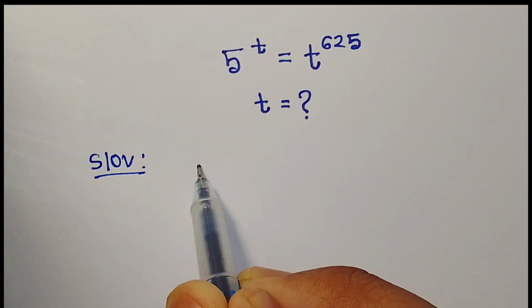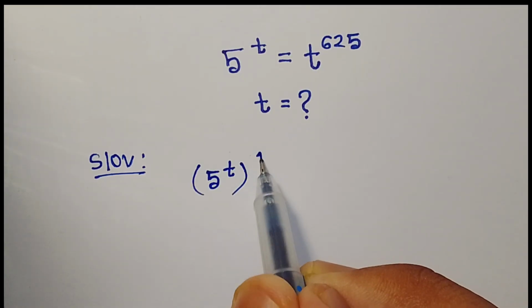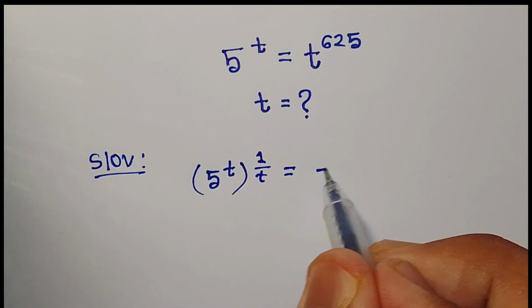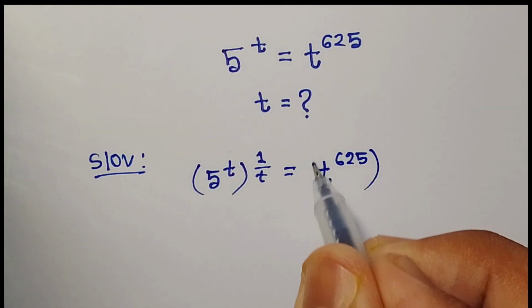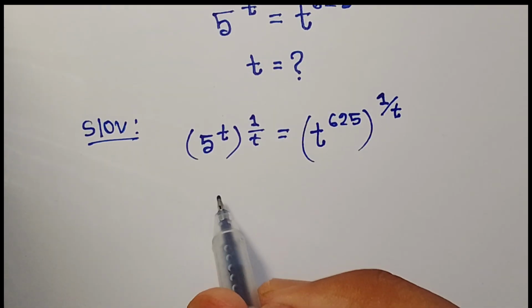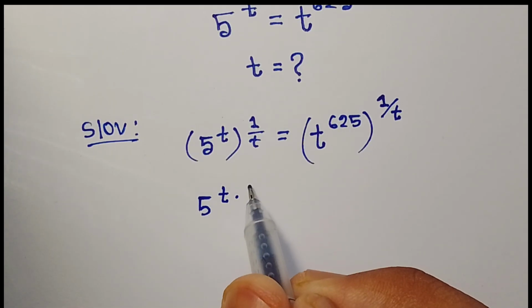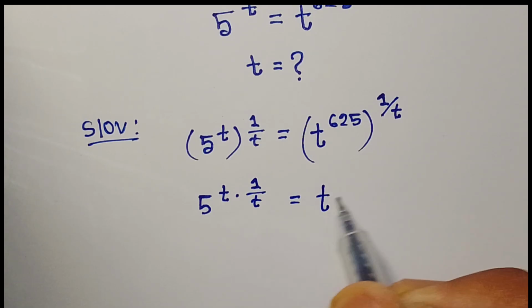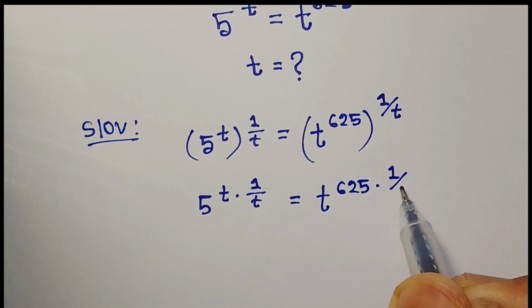So, (5^t)^(1/t) = (t^625)^(1/t). Then 5^(t × 1/t) = t^(625 × 1/t).